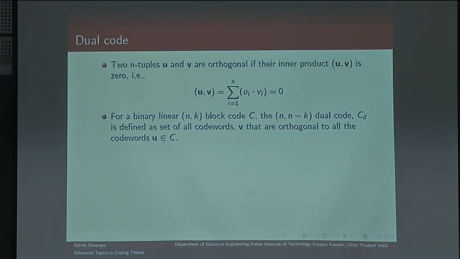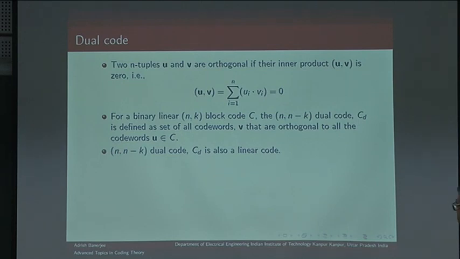So, that is basically the definition of a dual code, and the parameters of the dual code are, if the original code is an (n,k) code, this will be (n, n minus k). Now, if the (n,k) code is a linear code, then its dual is also a linear code.